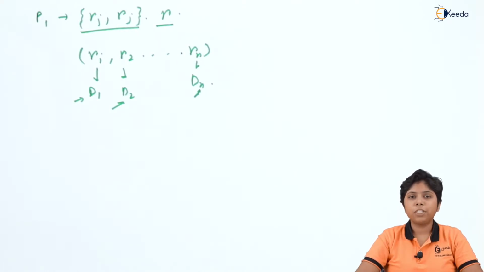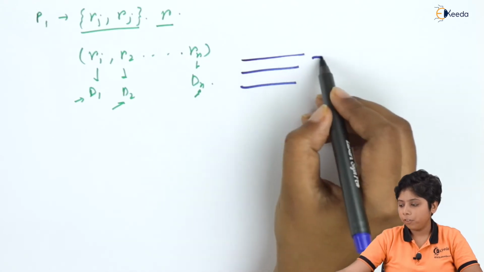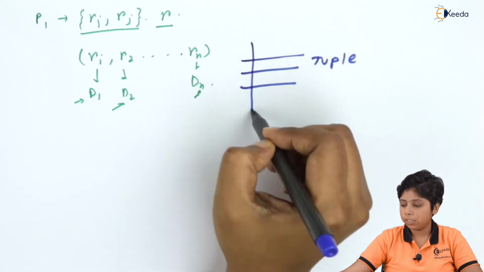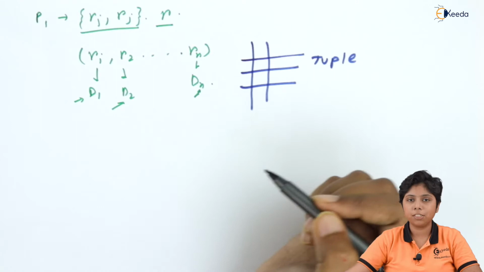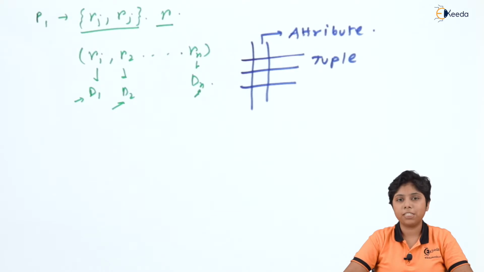Now there are two types of fragmentation included in this distributed data storage. One is horizontal fragmentation, another is vertical fragmentation. If you look at a relation, horizontally we have the tuples of the relation, and vertically we have the attributes or fields of that relation. Horizontal fragmentation means we are fragmenting the values tuple-wise.